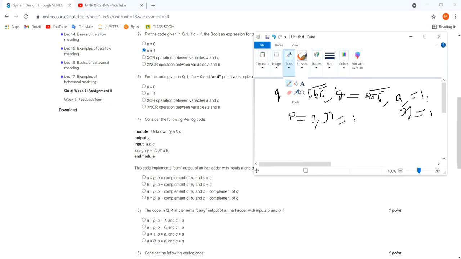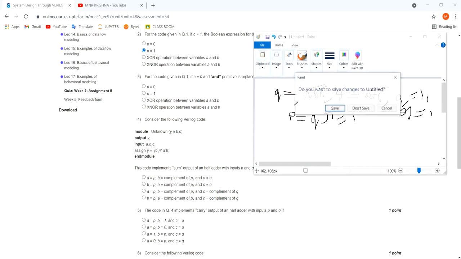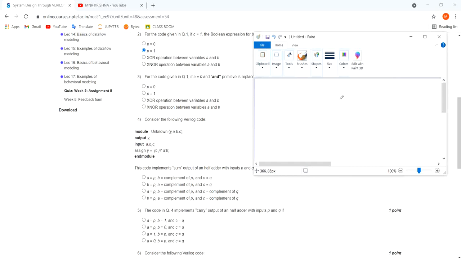Here P is equal to, same as the first question, Q is A bar B C bar whole bar, and R is equal to A B bar C bar whole bar.